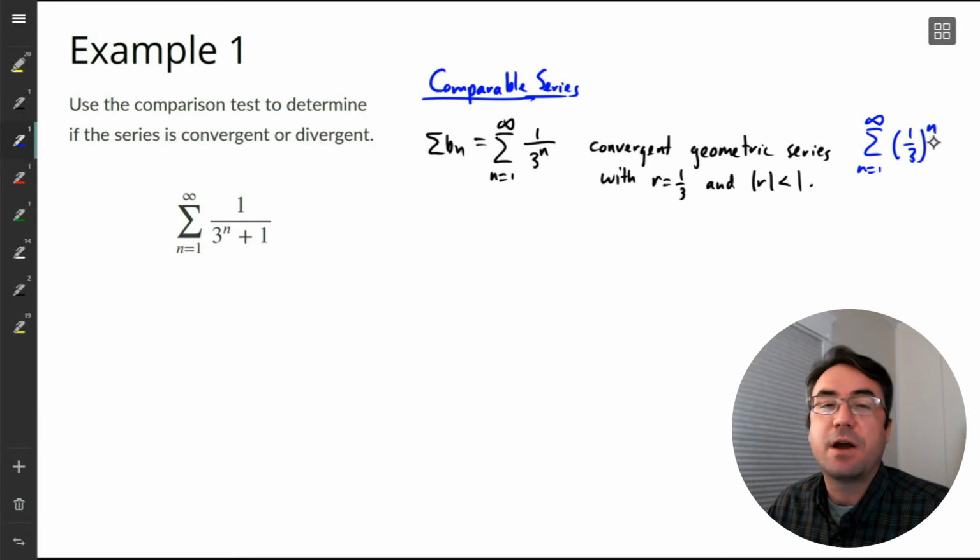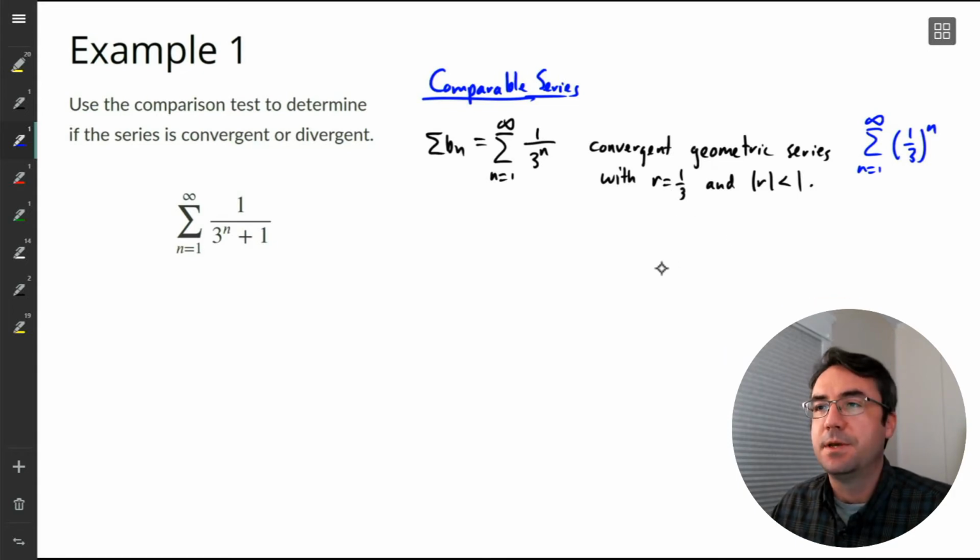So we could factor off that common exponent. We could rewrite this as the sum from n equals 1 to infinity of (1/3)^n. And now we see that general r raised to the power n form. It's a geometric series. The r value is 1/3.